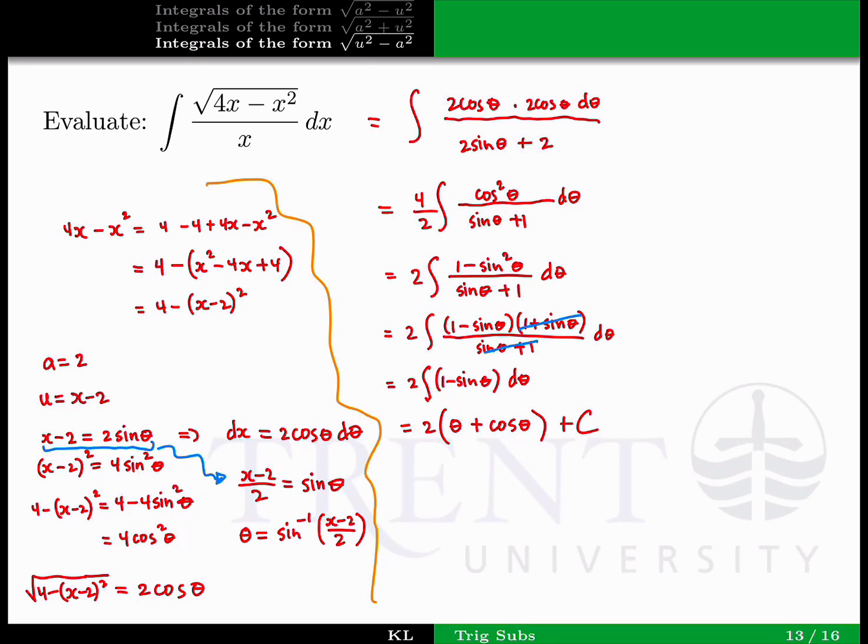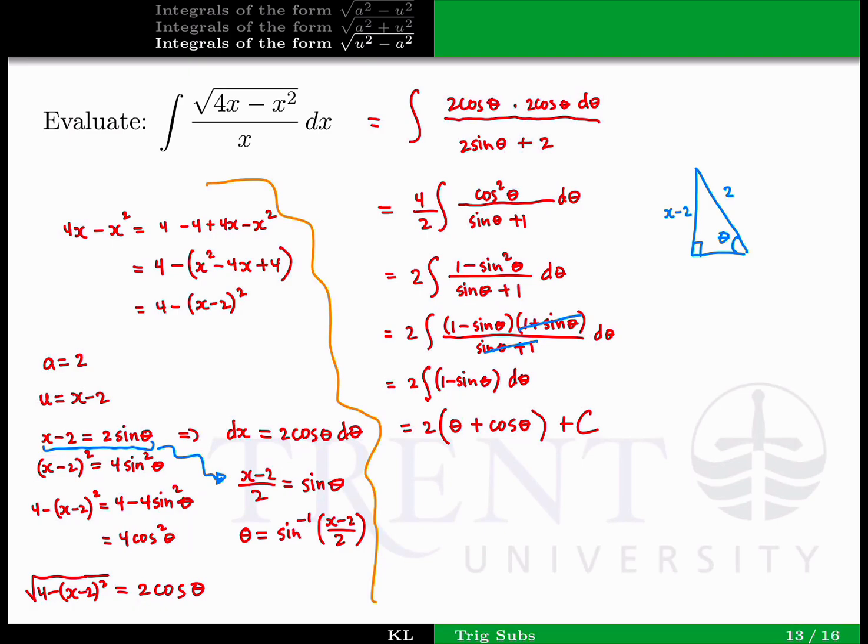As for the cosine, we can use triangles again. So let me put the triangle right here. Sine theta equals x minus 2 over 2, so this side will be x minus 2, and 2 will be the hypotenuse.